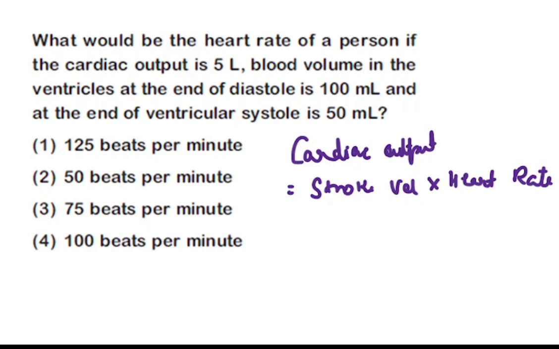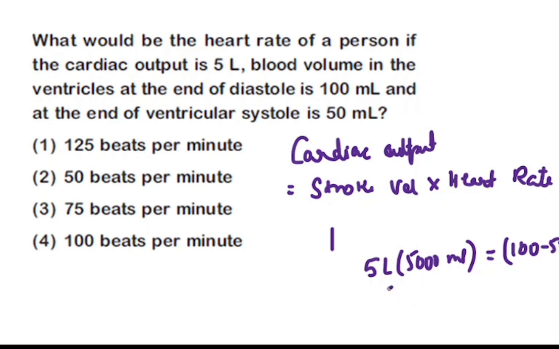Cardiac output is given as 5 liters, which is equal to 5000 ml, equal to the stroke volume, which is the ventricular end of diastole, 100 minus 50, into heart rate.